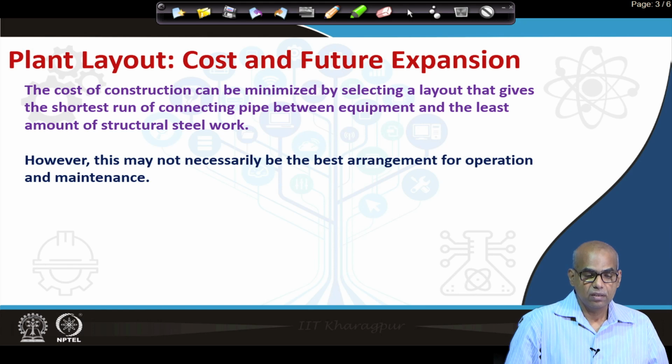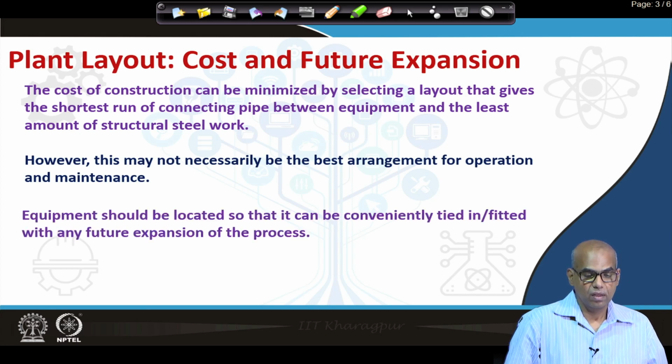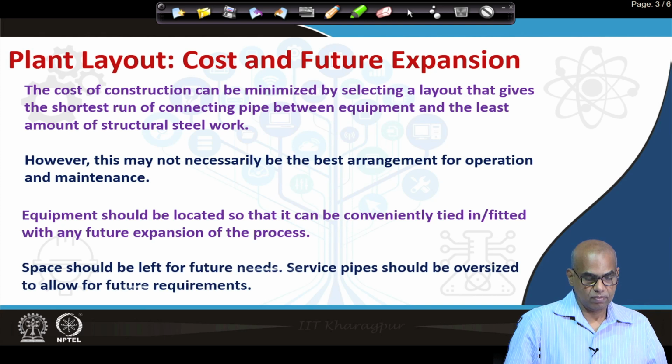However, this may not necessarily be the best arrangement for operation and maintenance. Equipment should be located so that it can be conveniently tied in with any future expansion of the process. Space should be left for future needs. Service pipes should be oversized to allow for future requirements.